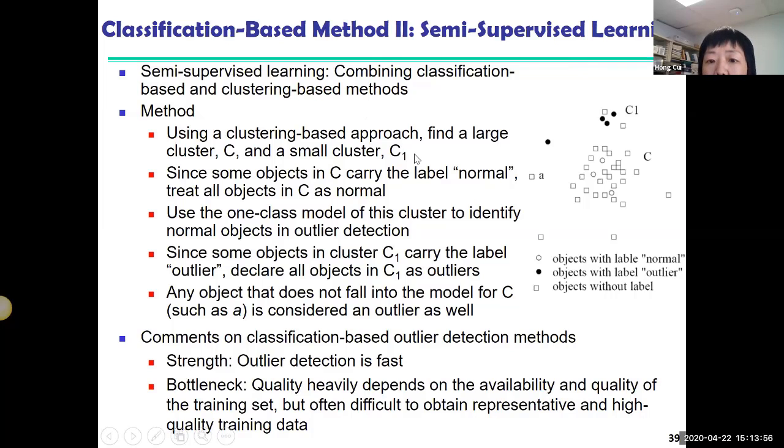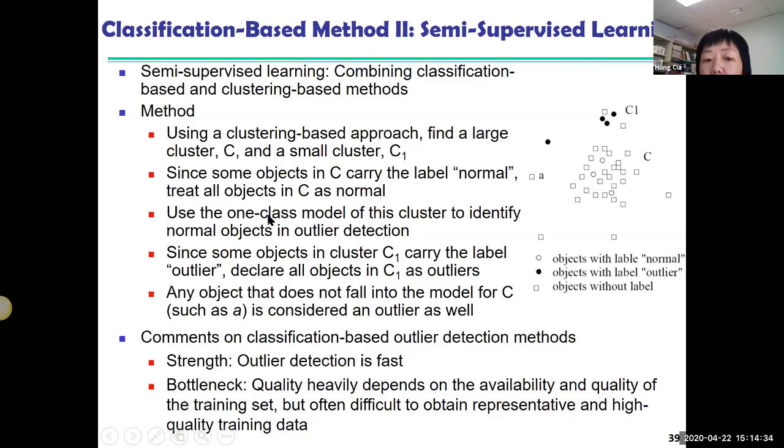Then we hope we can find a large cluster C and some small clusters, could be one small cluster. In C, we hope we can find the label normal. We have labels for some data, not a lot, and those data are put into clusters. If a cluster is large enough, we think this represents the normal class. Then we treat all objects within this large cluster as normal.